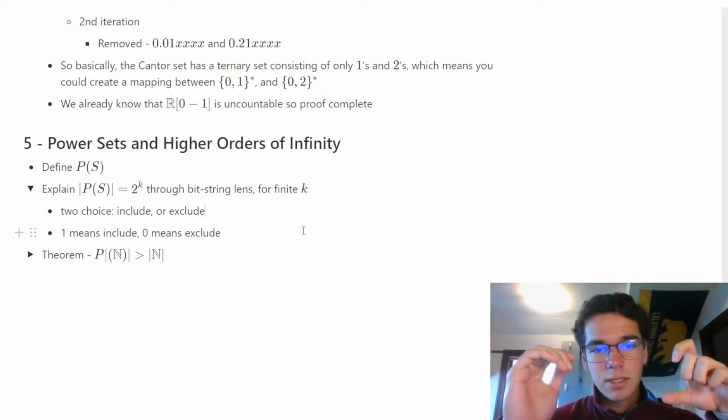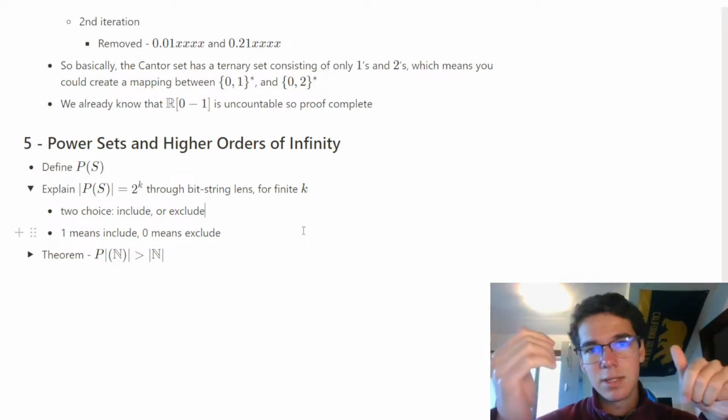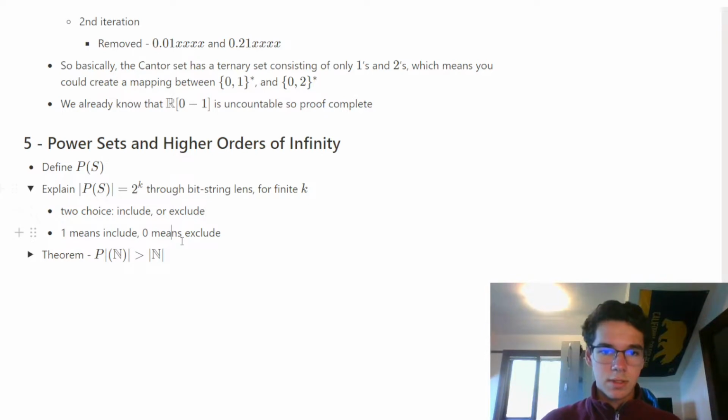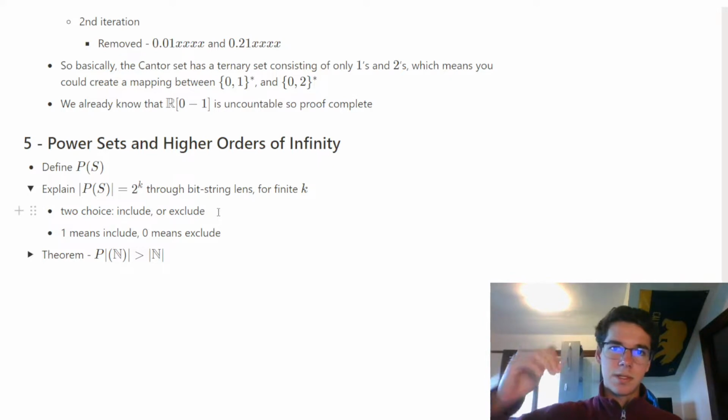For each place, we can choose to either include that element or exclude that element. That signals 2 to the number of elements we have. That's the number of choices we have, or ways to create that bit string.